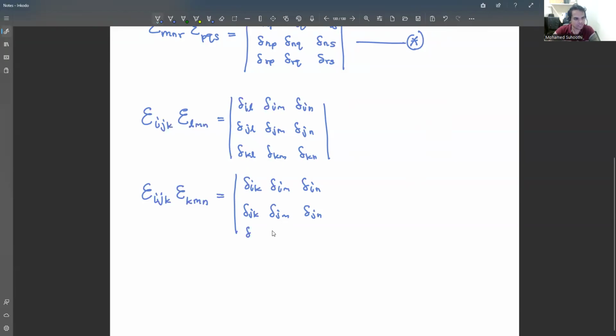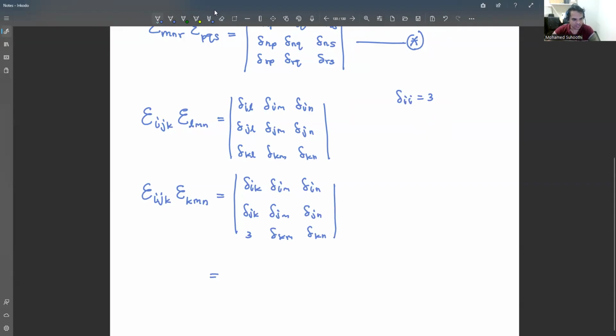Now this will be delta KK. Delta II we already studied is 3, so delta KK will be 3, right? So I can put 3 here. Delta KM, delta KN, right?